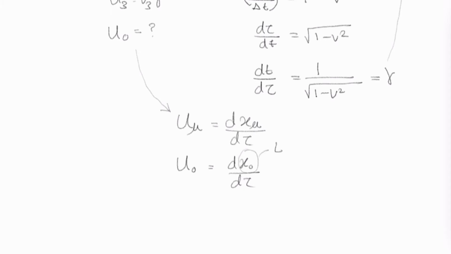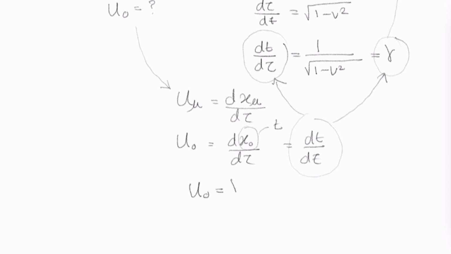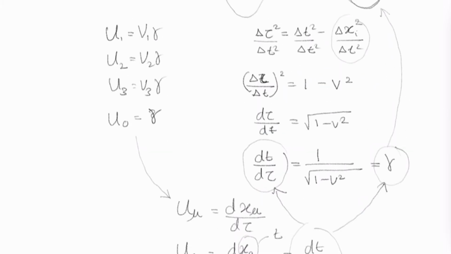So u0 is dt by d tau. We know what dt by d tau is. dt by d tau is gamma. So u0 is gamma. These are the four velocities: u1, u2, u3 and u0.